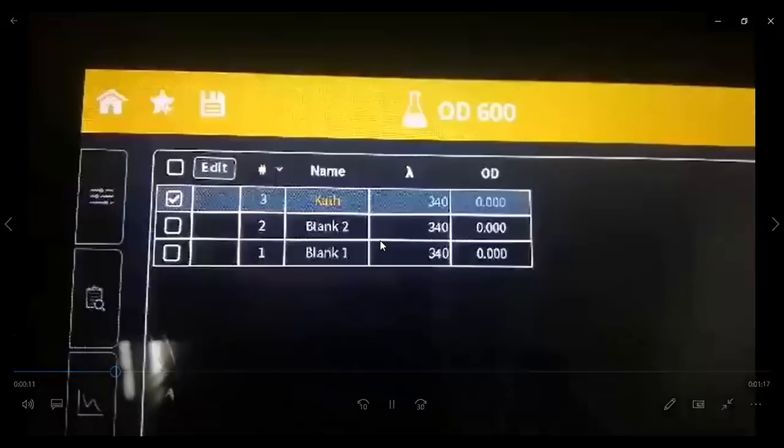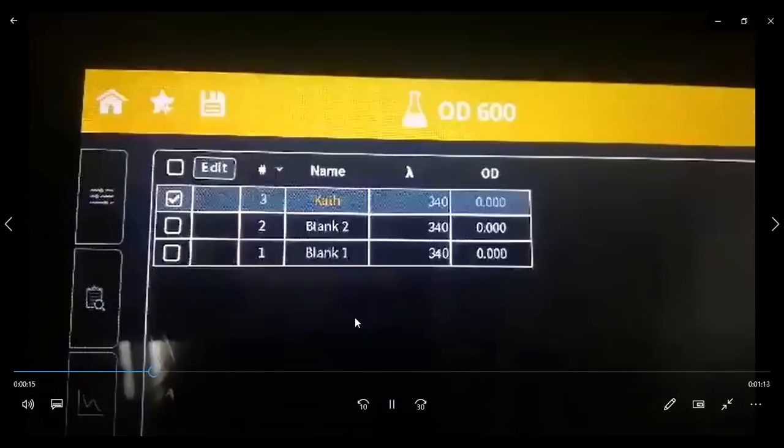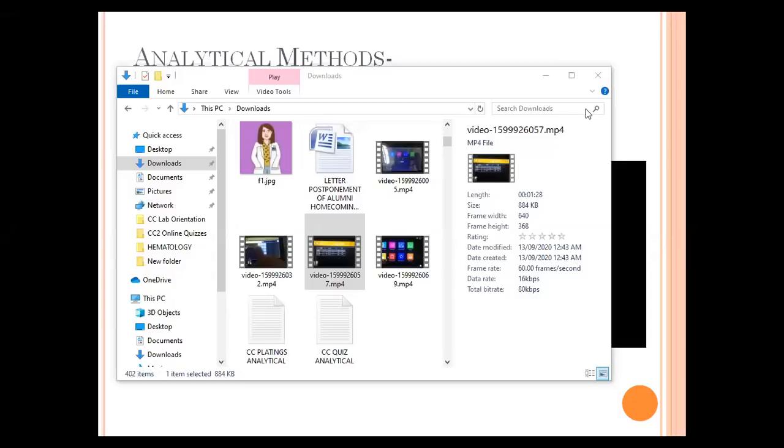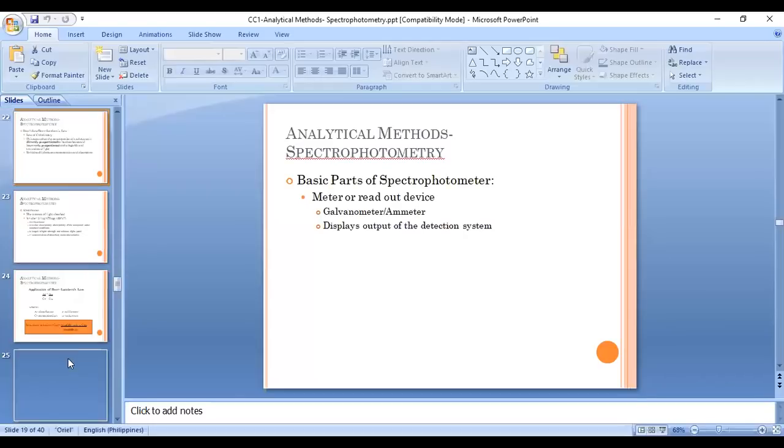Let's just wait for the video to play so you understand it. It's loading. It really doesn't want to play, class. It keeps hanging and stopping. So I will just pass this video to our coordinators so they can send it to you, so you can better understand our spectrophotometer operation, or how to properly use our spectro.